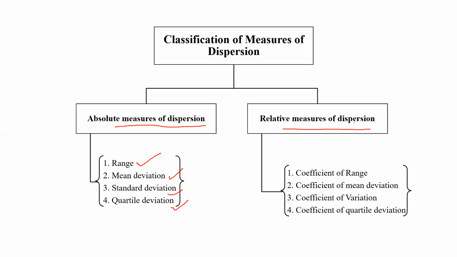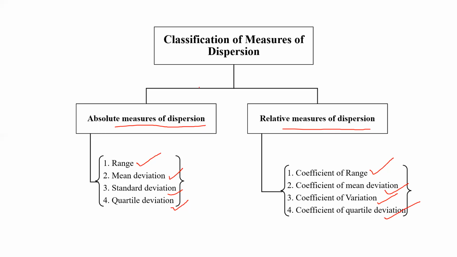And in relative measures of dispersion, the first is the coefficient of range, then coefficient of mean deviation, coefficient of variation, and coefficient of quartile deviation. So these are the basic classification of measures of dispersion.